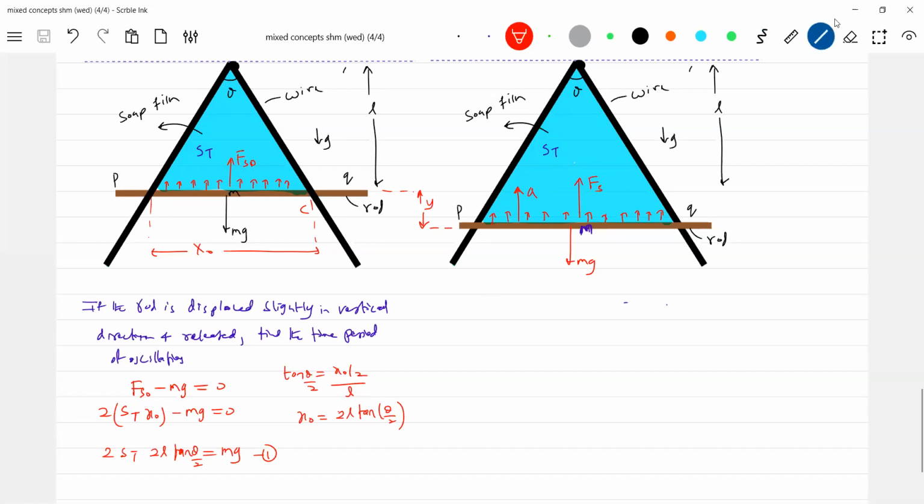So if you're finding it so difficult, draw one triangle. I'll show the triangle here. So sir, we are not able to understand. Okay, this is what initially. Okay, see this.